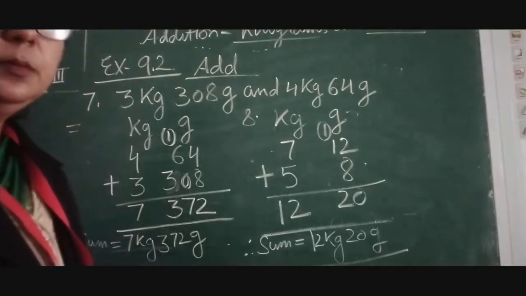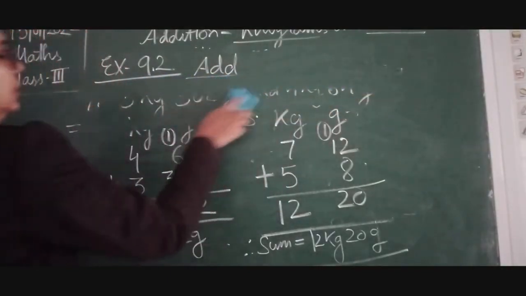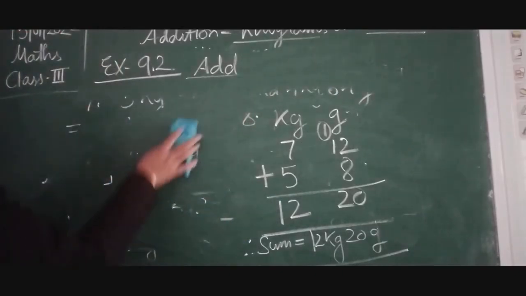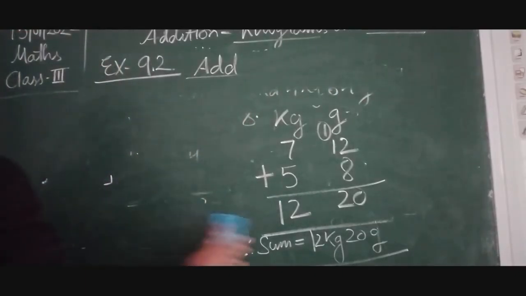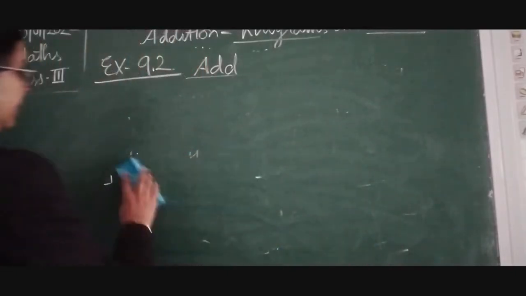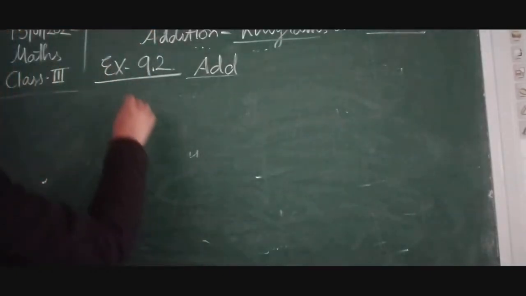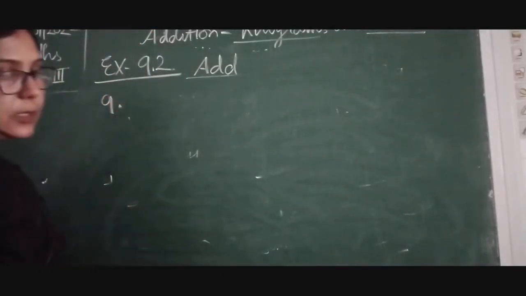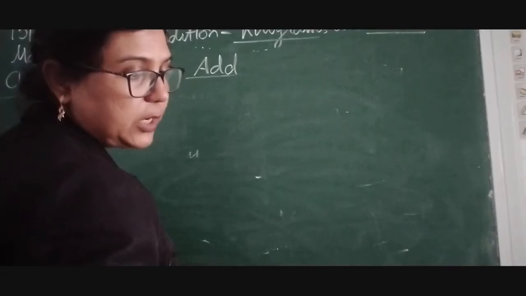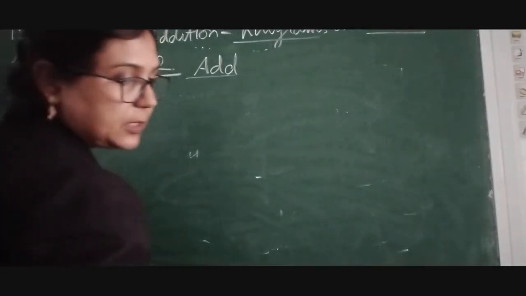Nine number we will do. Nine number, that is 2 kg 890 gram and 3 kg 236 gram.